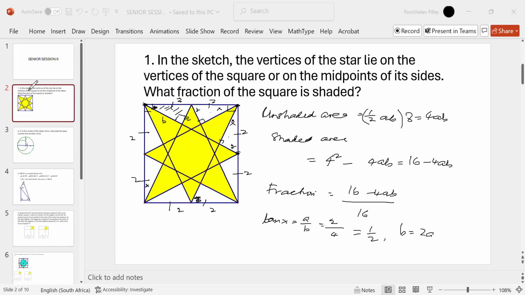All right. So I can replace the B here by 2A. How did you get B equals 2A? Because we used trigonometry and we found the tan of the angle in 2 different ways. Okay. So in place of that B, I can put 2A.